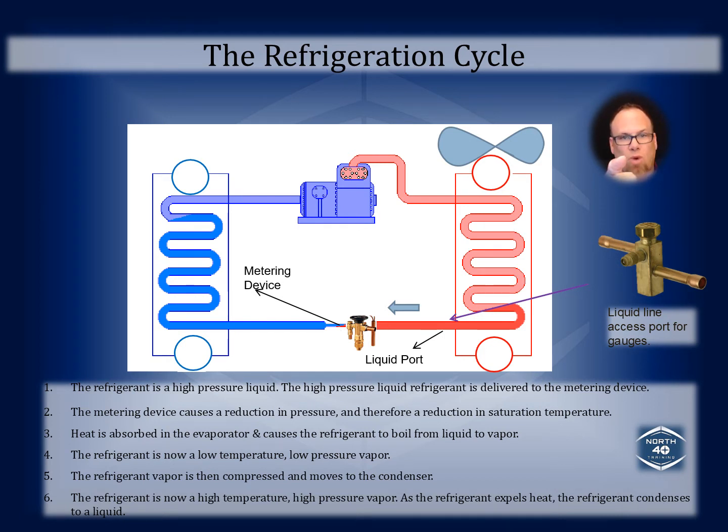We've restricted the water in the garden hose. We're restricting the refrigerant inside of that liquid line. And as we restrict that refrigerant and we allow some of it to pass by, as it passes by, it begins to expand to try to fill in that much larger space on the back side of that expansion valve.